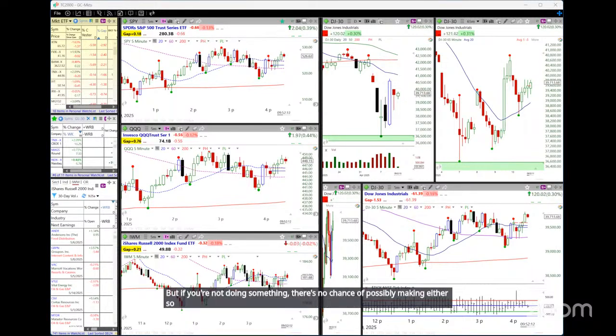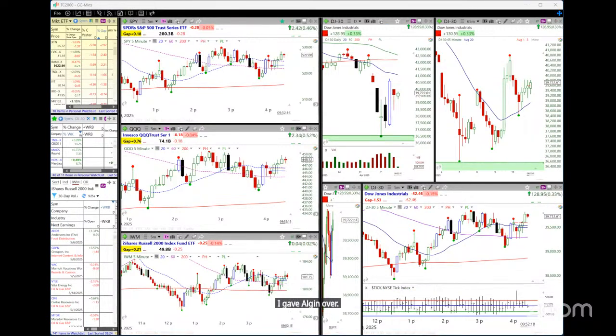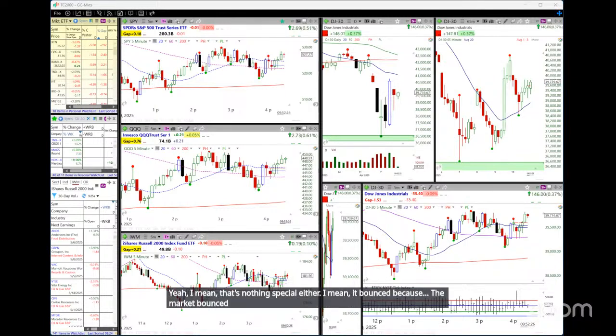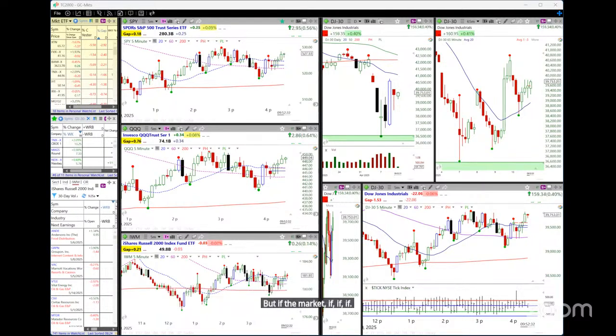So that's the balance. Just do it intelligently. I gave Algin over Wednesday. Yeah, that's nothing special either. It bounced because the market bounced, and otherwise maybe it would have continued its death trend. I don't think it's going to do much of anything until next week.